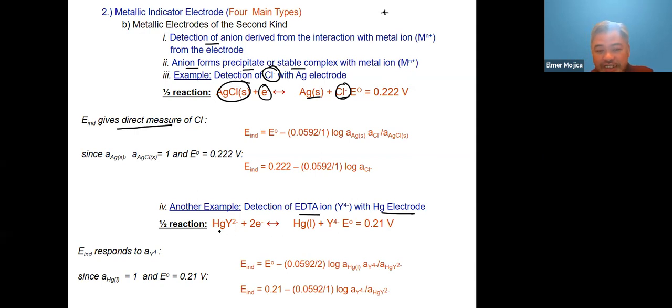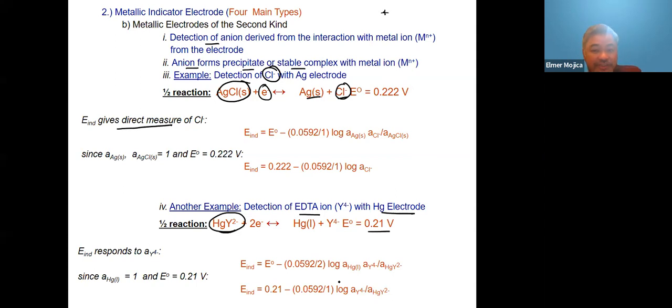Okay? So the half reaction that you have there, your EDTA, undergoing reduction to produce silver ion and the EDTA 4- ion. And it gives you a corresponding potential. So those are, we could say, two common kinds of the so-called indicator electrode.